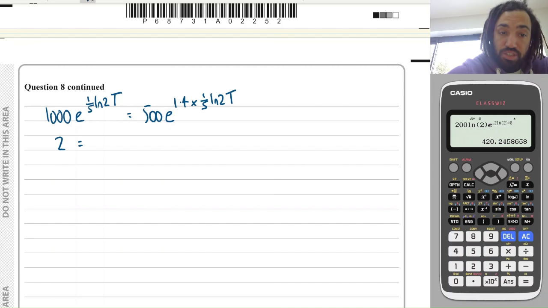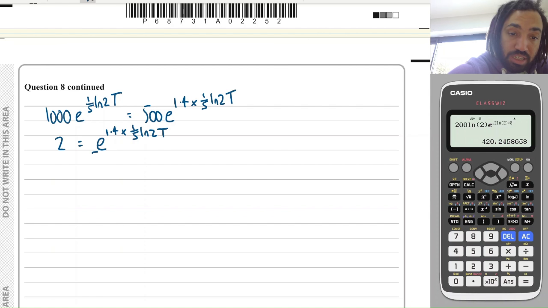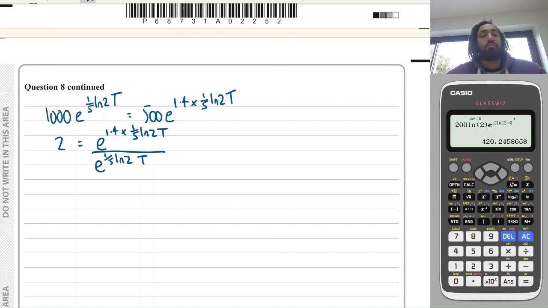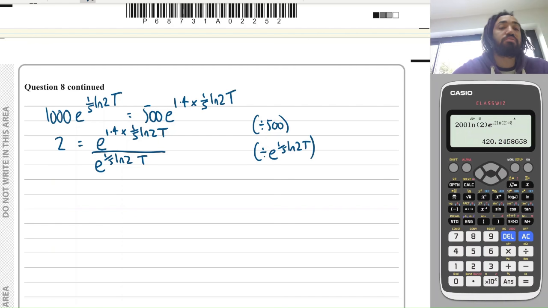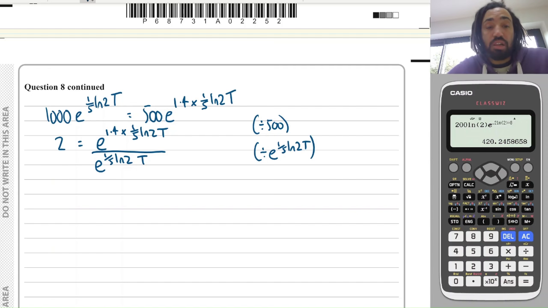So I would get 2 is equal to e to the 1.4 times 1/5 ln 2t divided by e to the 1/5 ln 2t. Okay, so just to run through what I did there, I divided both sides by 500 first, and then I divided both sides by e to the 1/5 ln 2 capital T. Now we've got e divided by e.